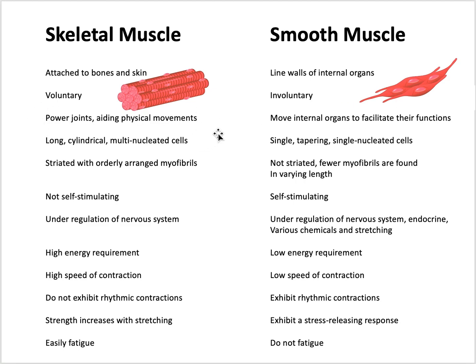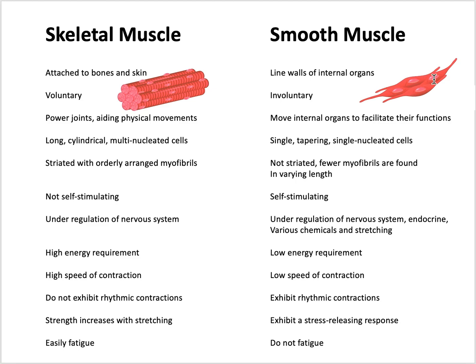So that goes along with the next point. The overall cell shape is very different between the two. In skeletal muscle, the reason they're called fibers is that a single skeletal muscle fiber is made up of multiple cells that form a syncytium throughout development, so they fuse together. That's why you find multiple nuclei per skeletal muscle fiber. Whereas smooth muscle cells are a little shorter.